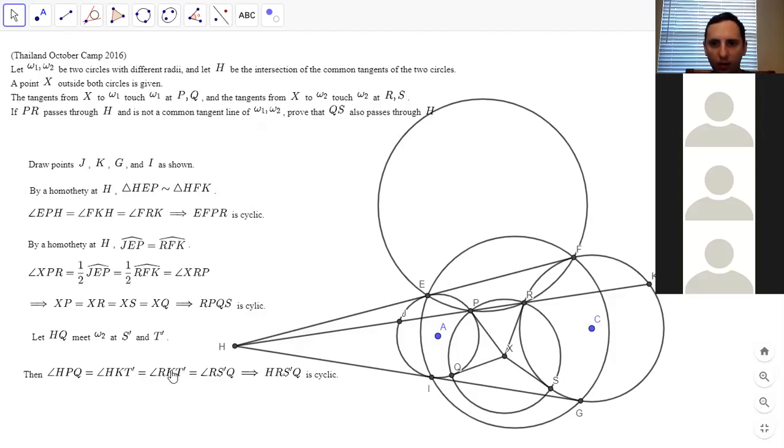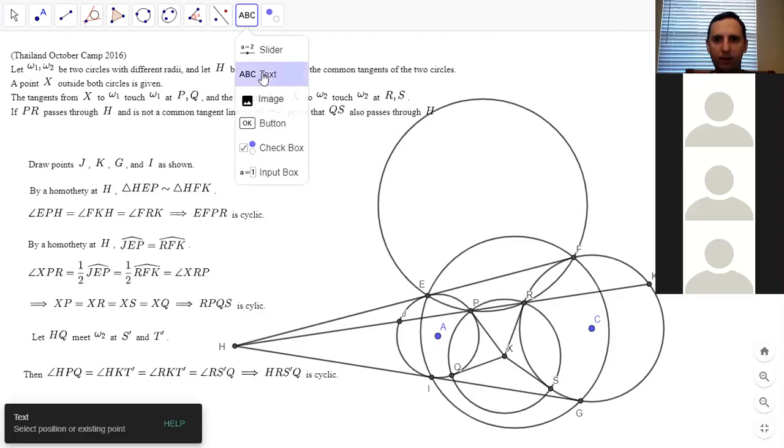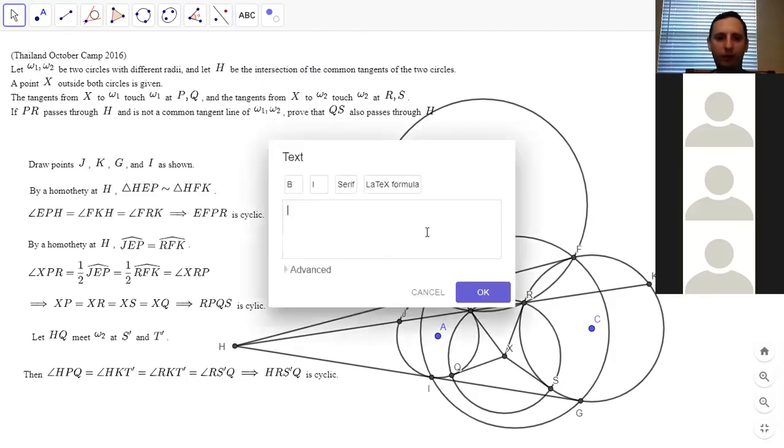I'll just leave it like this for now, but I like the way that you thought about it also. It's well known that they invert to each other. So QS passes through H.